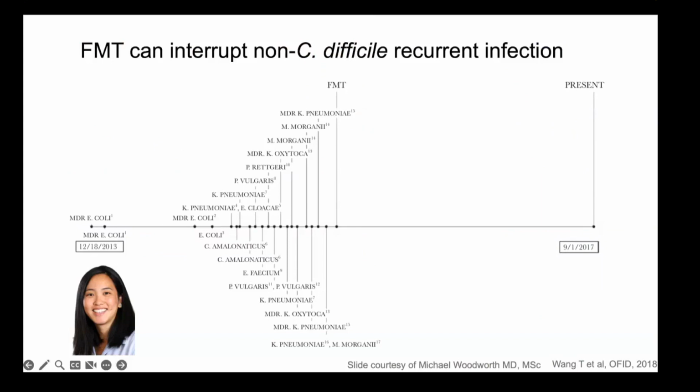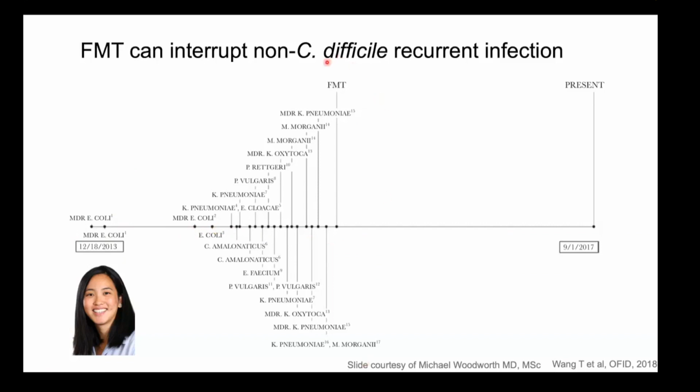So you can see she has an MDRO, it starts off in 2013 and she has an MDRO E. coli. Quickly thereafter has another one. A period of time lapsed, and then she has another MDRO E. coli UTI. And then you could see there are multiple recurrences with different MDRO organisms, including MDR Klebsiella, MDR Morganella, MDR Klebsiella oxytoca, and of course the E. coli.